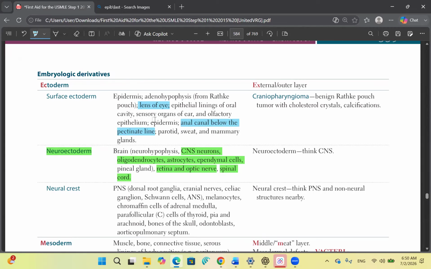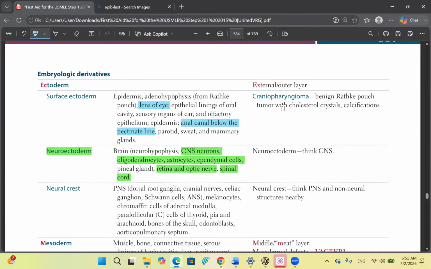Anal canal below the pectinate line is made from surface ectoderm, an important one to remember. Parotid is in the face, sweat glands are all over the body, and mammary glands are in the breast.